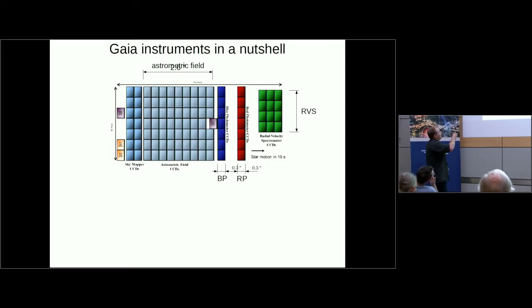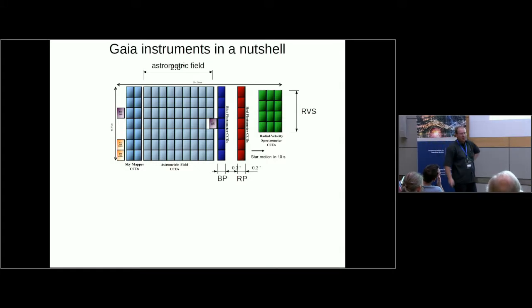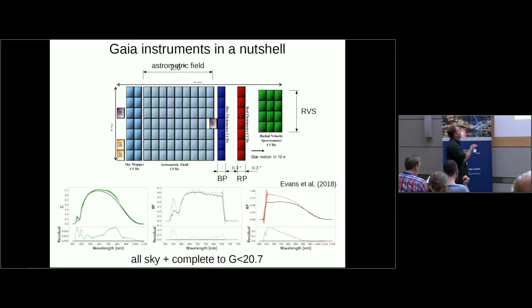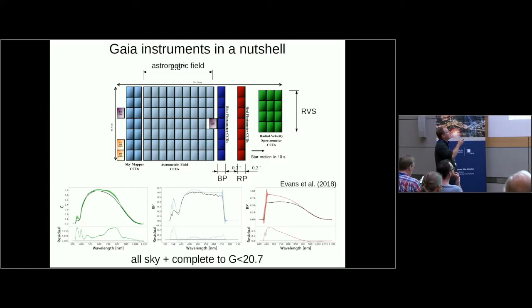The first two detectors are the sky mappers. They essentially do the source detection and decide whether a source is going to be observed or not. Then you have the astrometric field, which is this huge block of CCDs here. They are essentially white light.